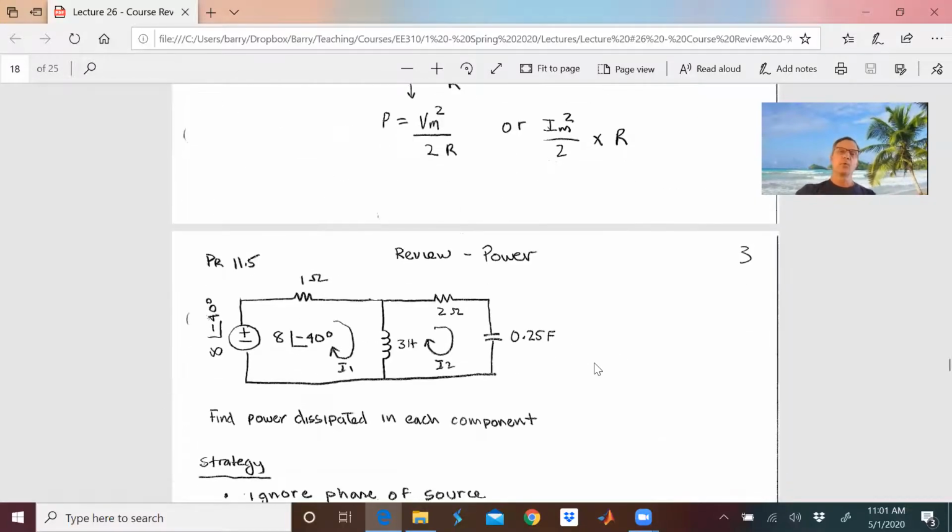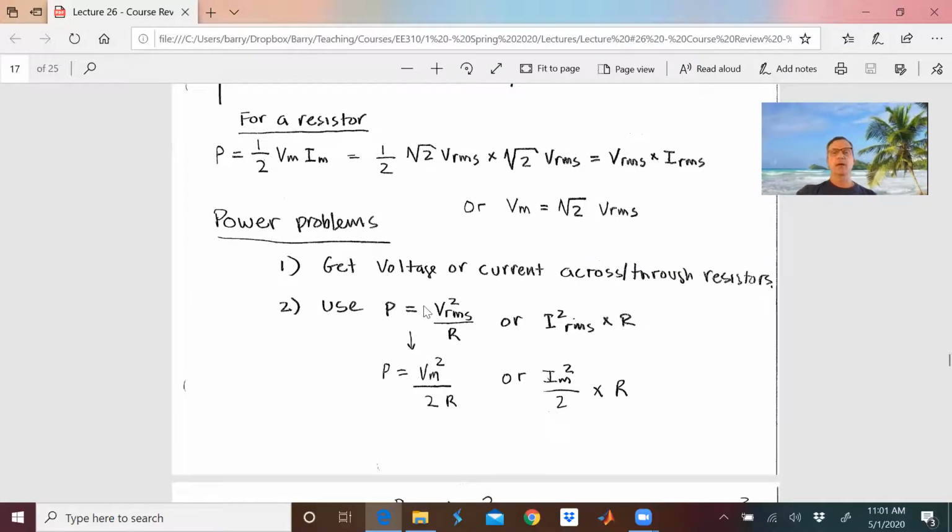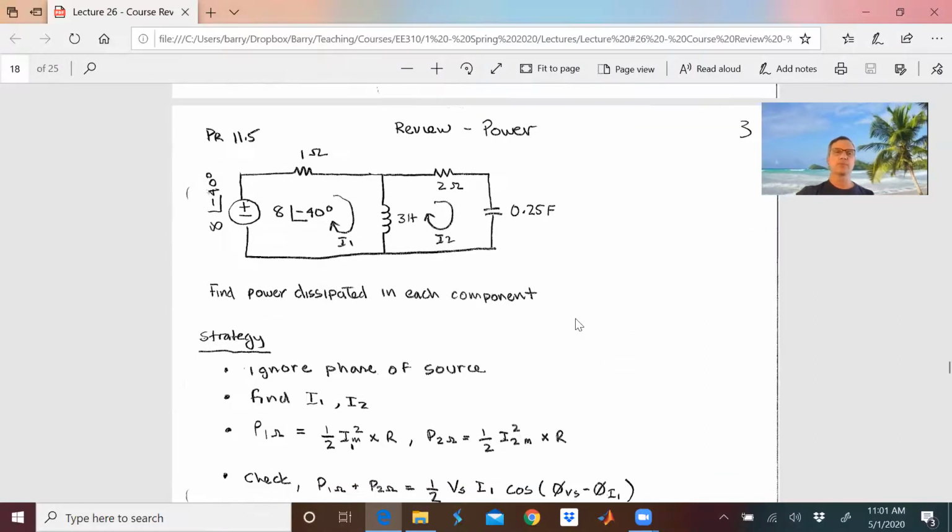We'll basically find the power in the resistors by just getting the voltage across them or the current through them. So here we go. I want to find the power dissipated in each component.